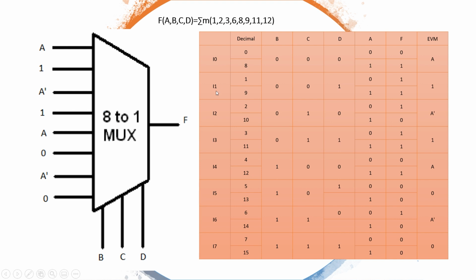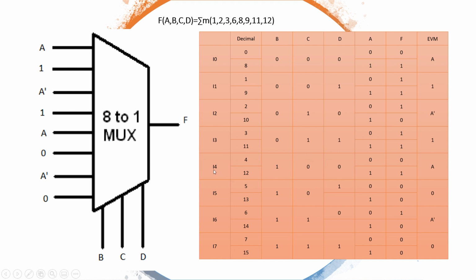The I1 is 1, I2 is A bar, I3 is 1, and so on. So for example, when B, C, D are 0, the EVM will be A, right? And you can see here, when B, C, D are 0, the first input will be selected. This is the first input, so it will be output to F. So the first input will be A.